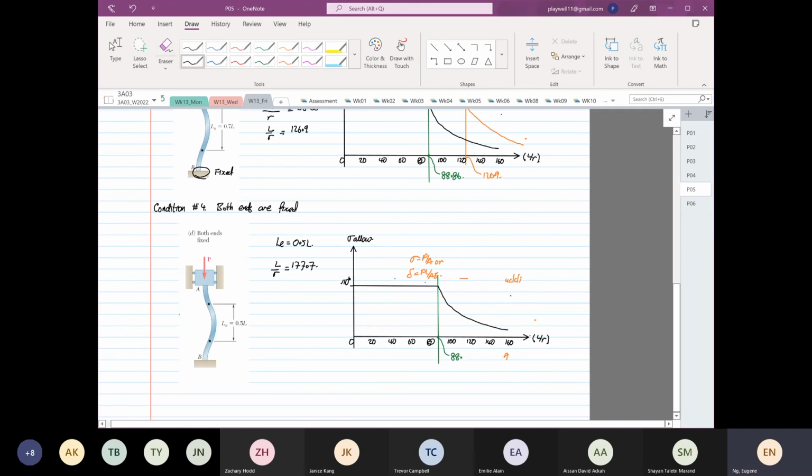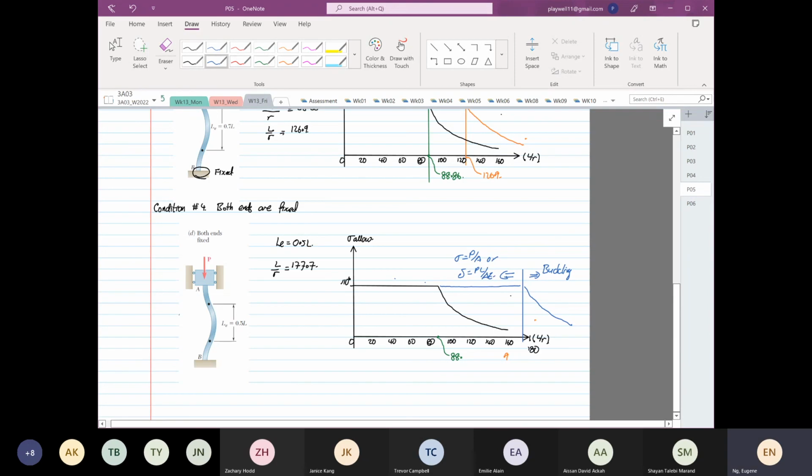So if this is 180 over here, 177 will be somewhere around here. So the graph will stretch on and then, again, buckling. And over this side, you use stress is equal to P over A, or deflection equal to PL over AE.